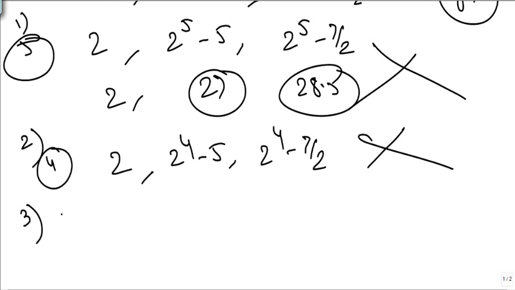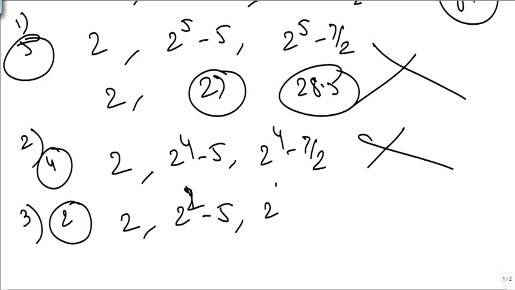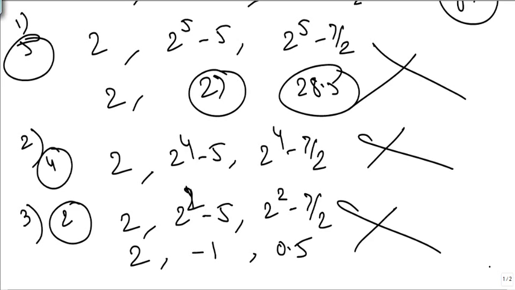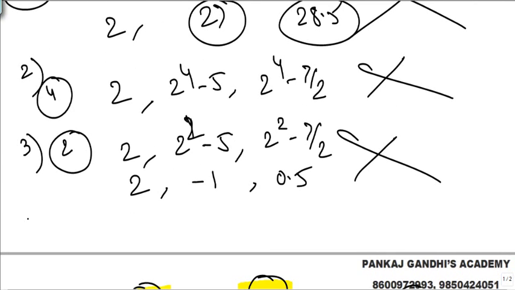Now let's say I try the next option, 2 raised to 2 minus 5, sorry, I'm putting answer option 2. This also does not come in a GP. If you want to check the values, 2 minus 1, 4 minus, this is 0.5. They do not form a GP. So it has to be one of the remaining answer options.